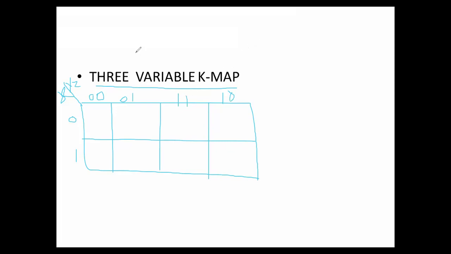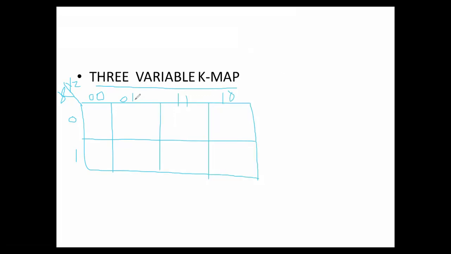So if two variables are taken, these are the combinations we get: 0, 0, 0, 1, 1, 0, 1, 1. Actually, here you will get some doubt. What is that? 0, 0, 0, 1, 1, 0, 1, 1. But here, 1, 0 is kept here and 1, 1 is kept here.